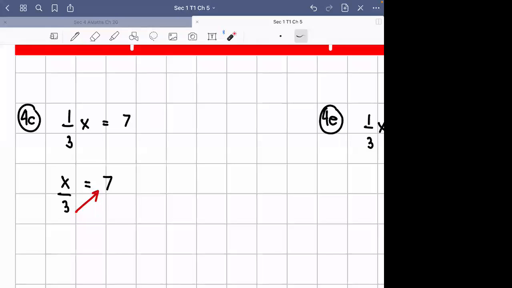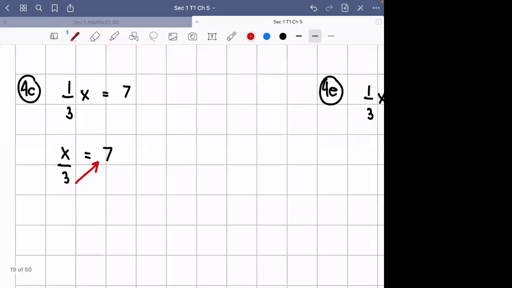After you cross multiply this, what is your answer? So x here is equal to 21. Okay, so if your answer is 21, that means you're correct with number 4C.